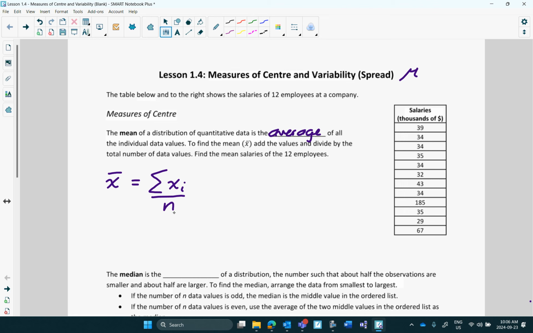It means sum. In English, it's the sum of all values divided by the number of values. That's what that symbol means.